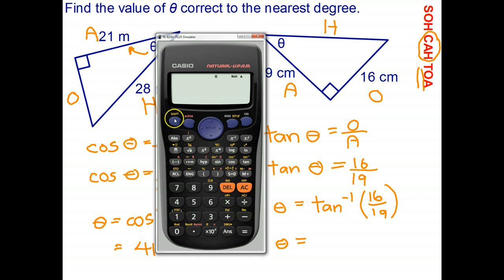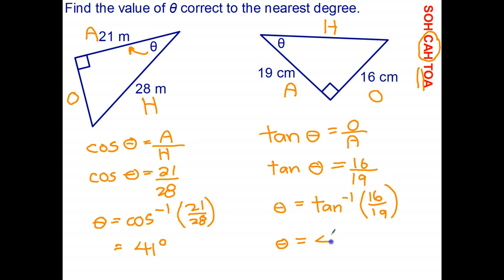Clear, inverse tangent, 16 over 19. Okay, just have a quick look. Yep, it looks like it's all typed in correctly. And to the nearest degree, that's 40 degrees. So that's all there is to finding unknown angles in a right-angled triangle.